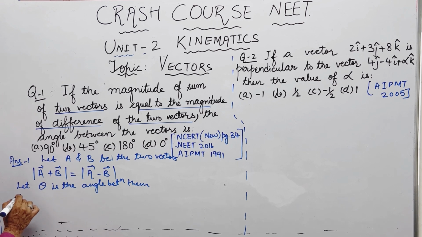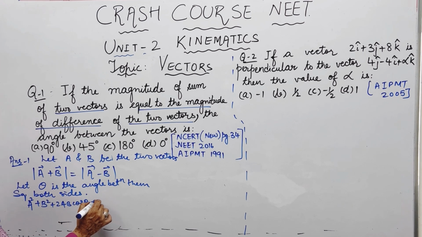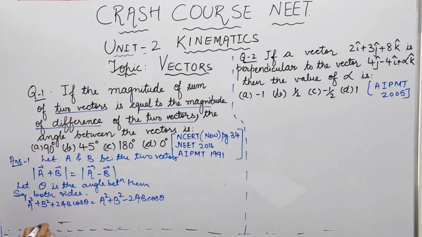Then squaring both sides, we have a square plus b square plus 2ab cos theta is equal to a square plus b square minus 2ab cos theta, and this comes out 4ab cos theta equal to 0.